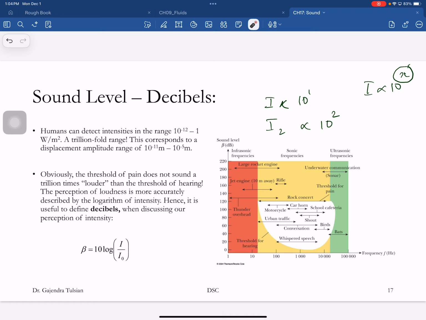So humans can detect intensities in the range of 10 to the minus 12 watt per meter squared to 1 watt per meter squared. The loudest sound you can bear to hear is 1 watt per meter squared. That sound will hurt. So the intensity range, which is the energy coming at you, is 10 to the minus 12 to 1 watt per meter squared.